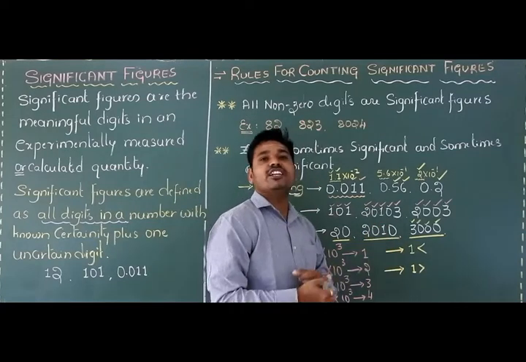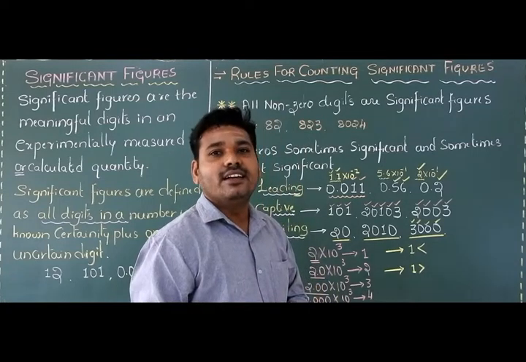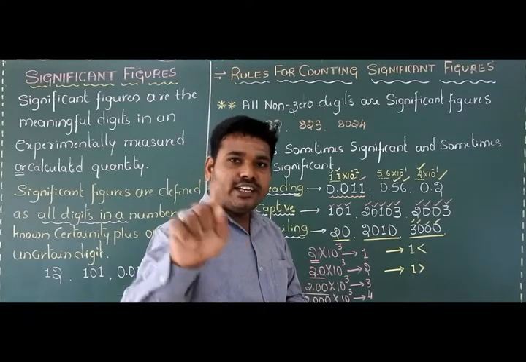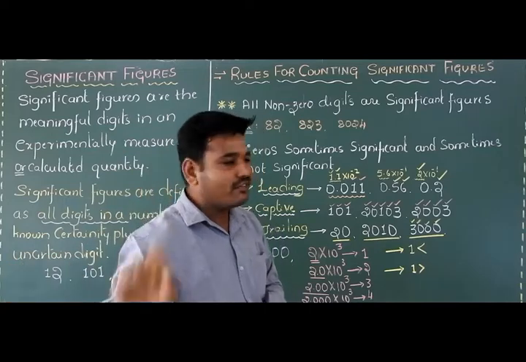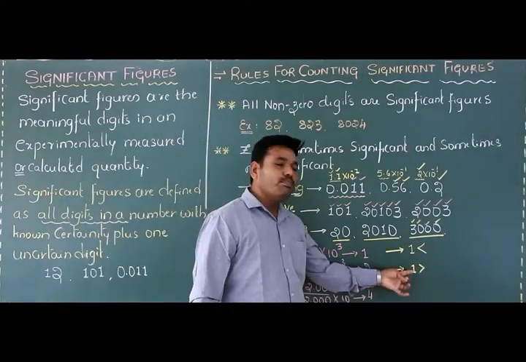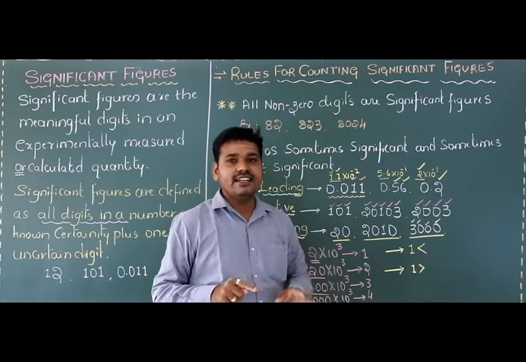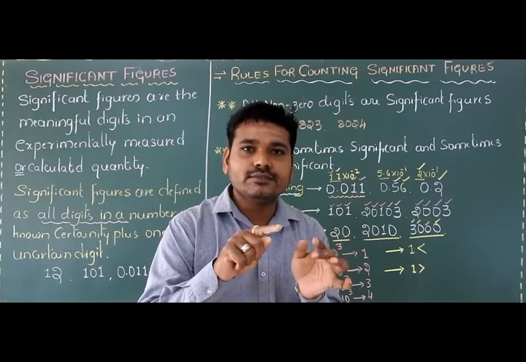Then if the given number is less than 1, in such cases only the zeros which are present to the right hand of the number.